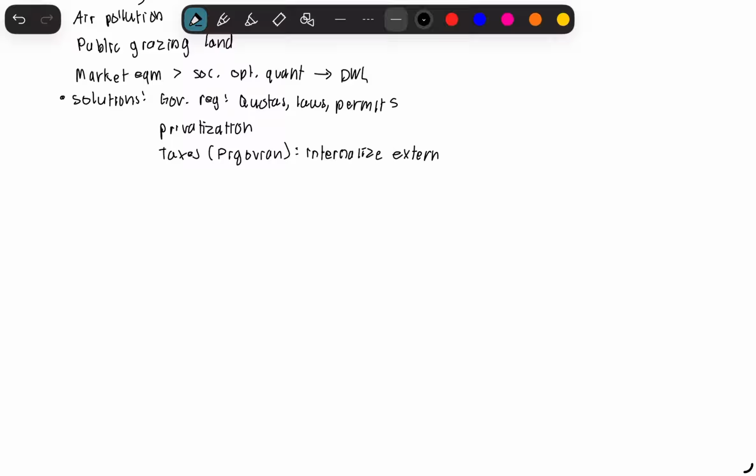So what that means is it makes the people who are doing this overconsumption have a stake in the things that they are doing. So now they're affected. Now they care. Privatization is assigning property rights. Now that the land is no longer public land, now people are incentivized to maintain the land so it doesn't erode. So, common resource overuse and depletion. That means negative externality, overproduction, and you need regulation or property rights.